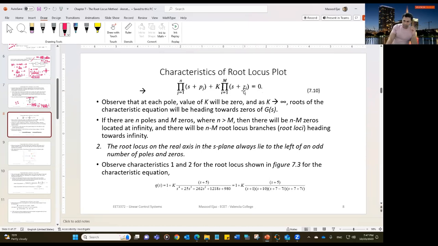So either this will be 0 or this will be 0. The only quantity that can be 0 is the value of k, the controller gain, that will make the whole product go down to 0.